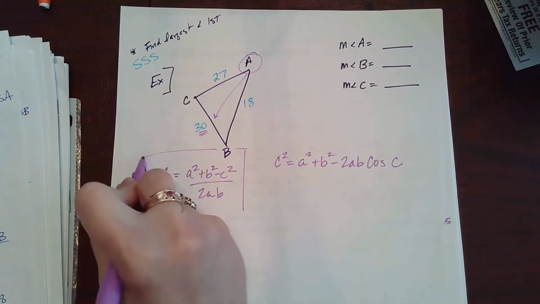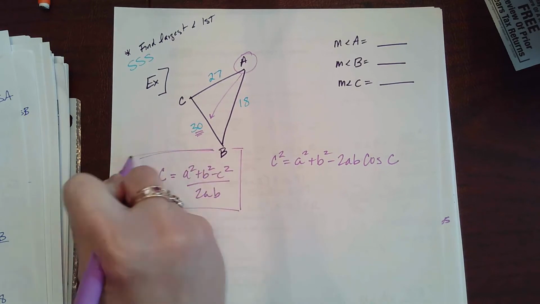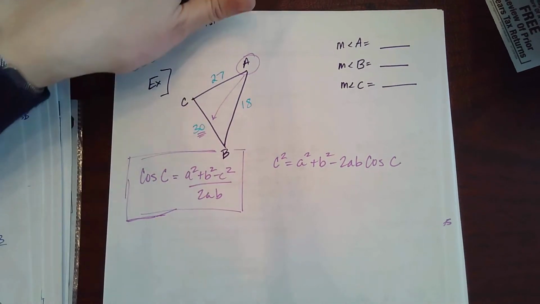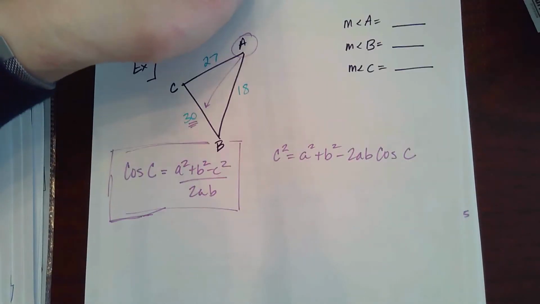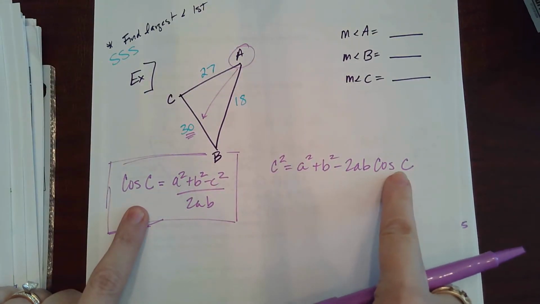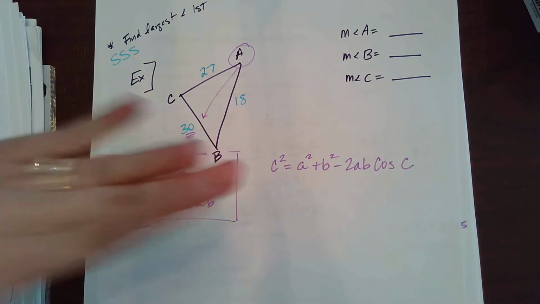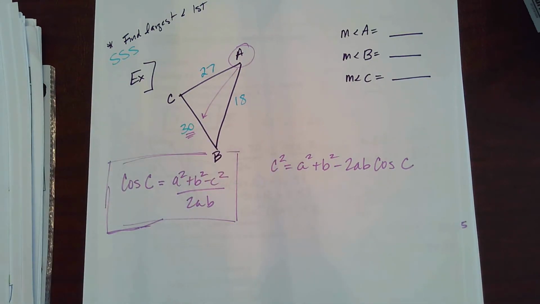So I just pointed out that this exists, so if you ever look it up online, or a friend or somebody who's helping you gives you that formula, that's where it's coming from. All they're doing is solving this equation for cosine of C. It exists, but I'm not actually going to use it.